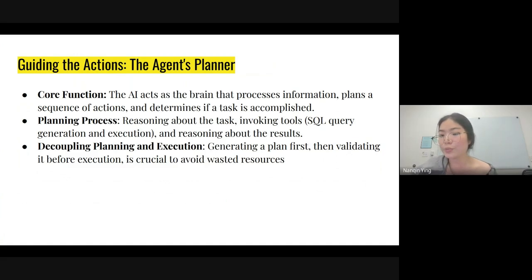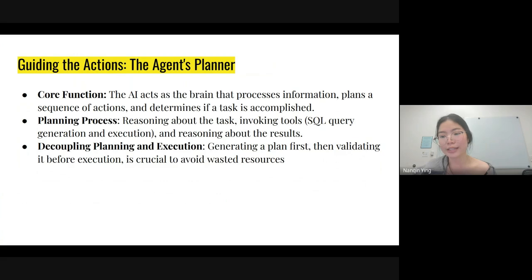For this, the book used a really good example, the brain of the agent. When given a task, the agent will analyze the information, including the feedback from the environment, and plan a series of actions to achieve the goal.